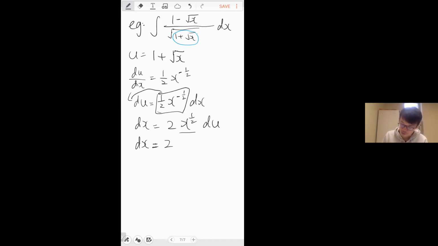So I need to put x to the 1/2 into a function in terms of u. That's when I need to go back to my definition here. From u equals 1 plus root x, I know that root x equals u minus 1. Right? Is it okay?